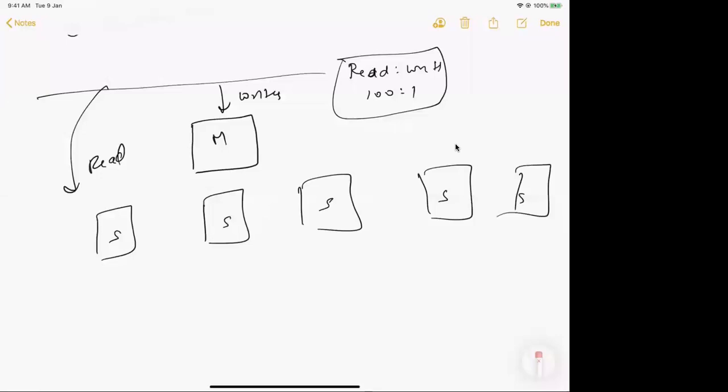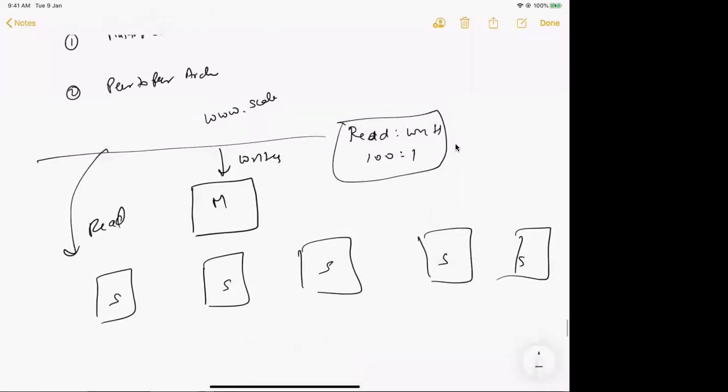Makes sense. Now let's discuss availability versus consistency. One approach that you can have is, if you are reading from slaves, understand the point: let's say somebody created a mapping for www.scalar.com/candidates, and this was mapped to bit.ly/abcd.